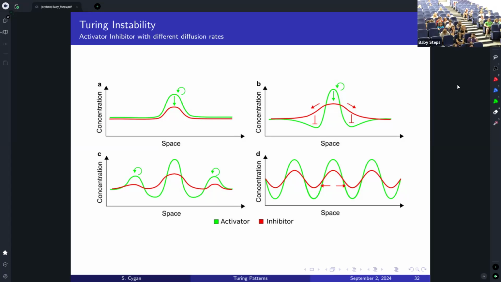Diffusion was supposed to introduce homogenization, to increase the uniformity, to force the solution to be uniform along the whole domain. But now, since the diffusions are different, slow and fast, they introduce additional dynamics, which from the constant steady state produce something like this.